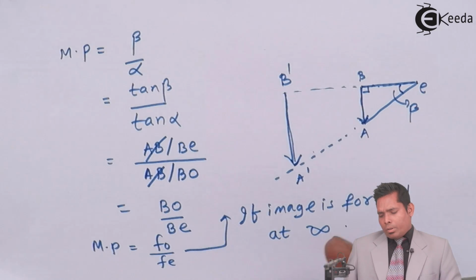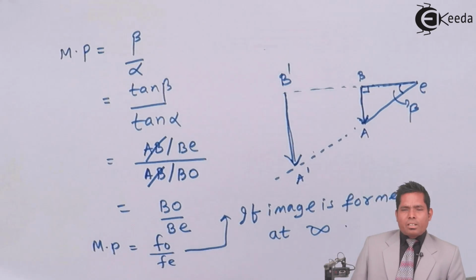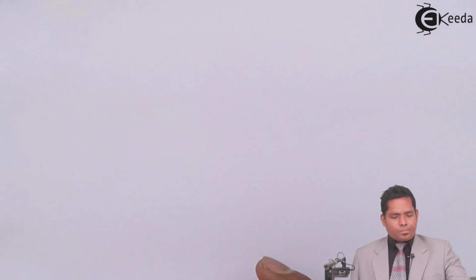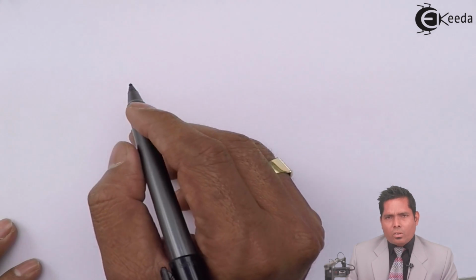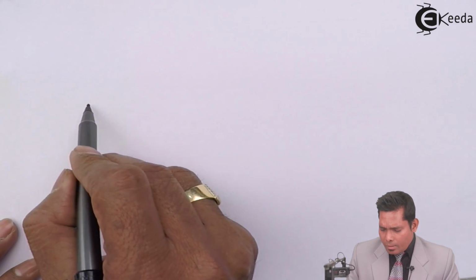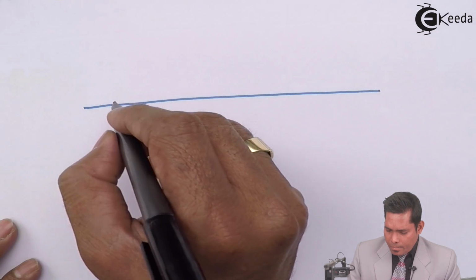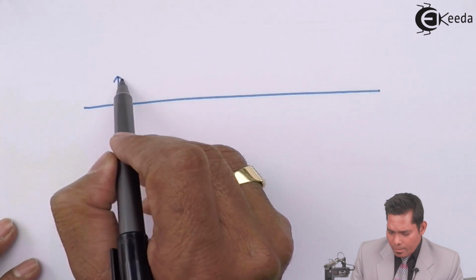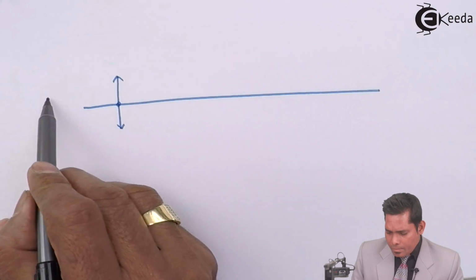In general, we will also write the general expression for the magnifying power. So let us do that also. In that case, I will not draw the lens, just give you the picture. Suppose this lens is placed here, convex lens.